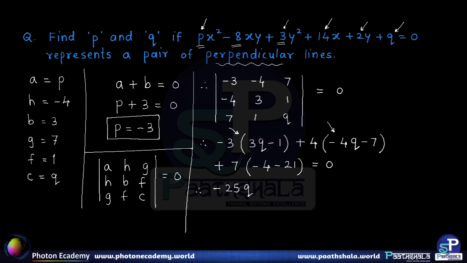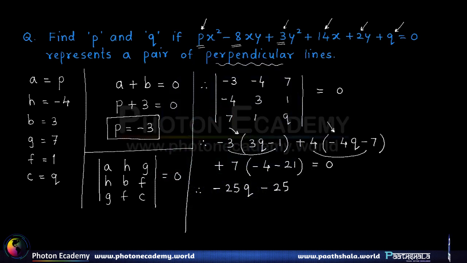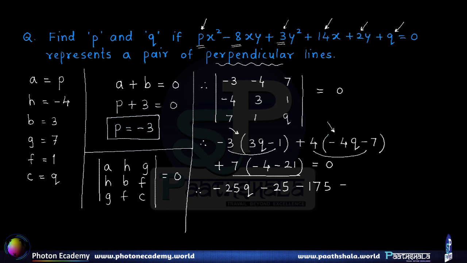Then the constant terms are 3 minus 28, so that gives us minus 25, and the last term is minus 25 into 7, so that is minus 175, is equal to 0.